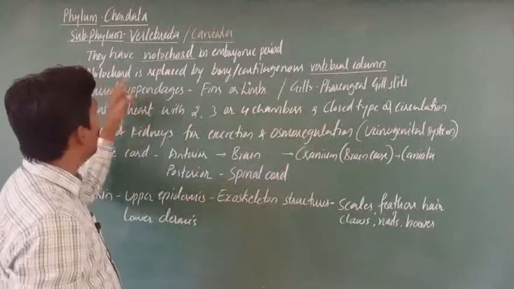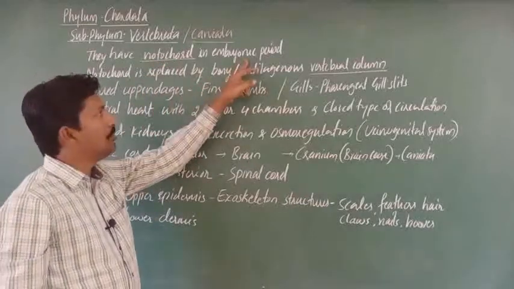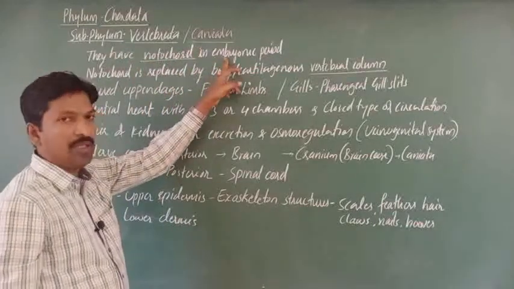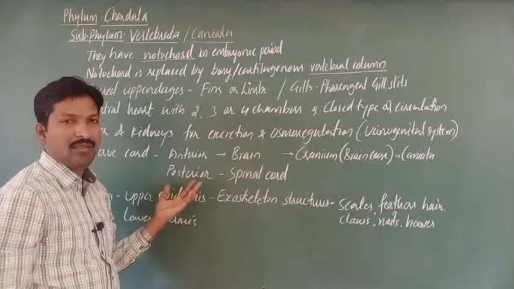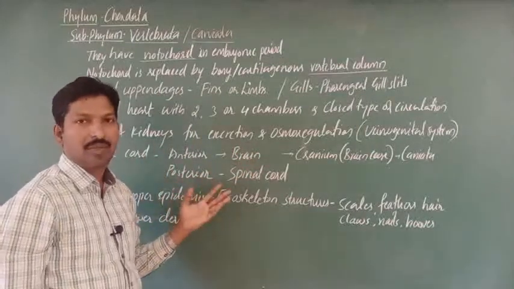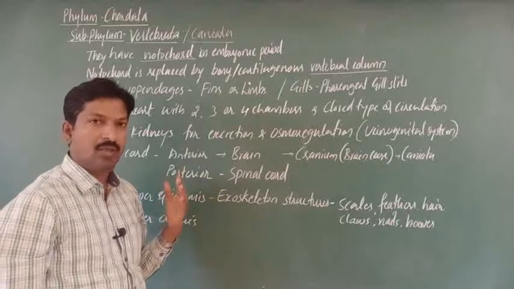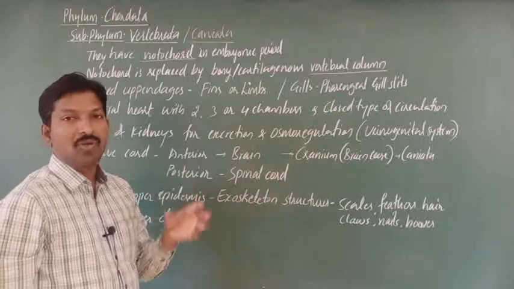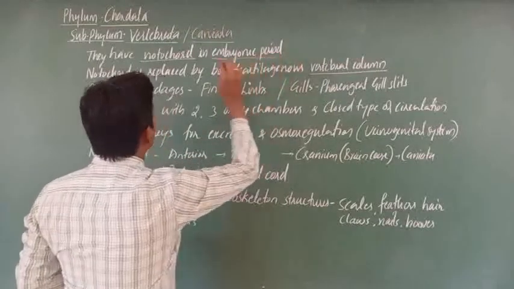So the notochord which is found in the embryonic period is replaced. Usually internal or external fertilization may be there, and development is either direct or indirect, but at least in the embryonic period there must be a notochord.